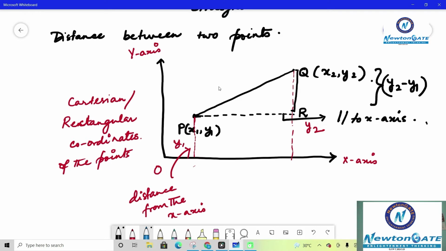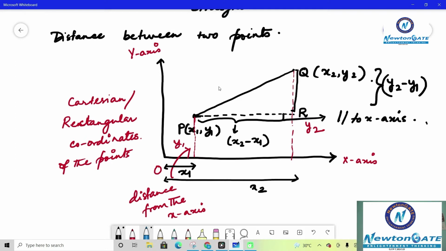Now, let's take the length of this PR. We know that this length was x1 and this length is x2. So, by combining both of them, we get that the length of PR is x2 minus x1. Diagrammatically, you can understand that this is a right angle triangle and hence we can apply the Pythagoras theorem over here.